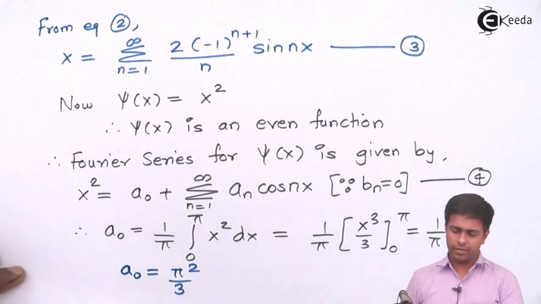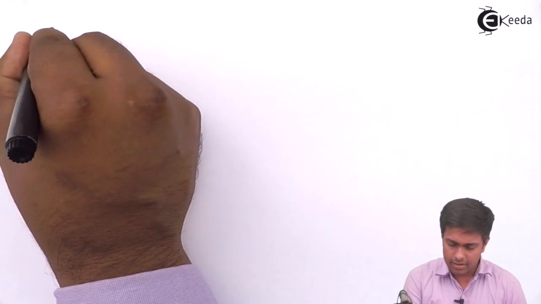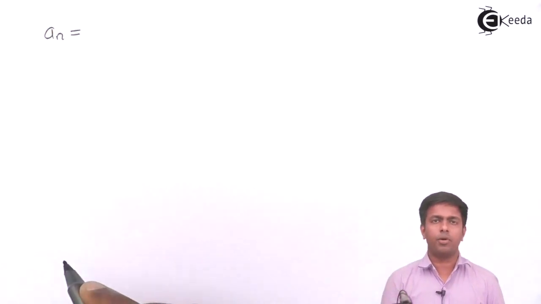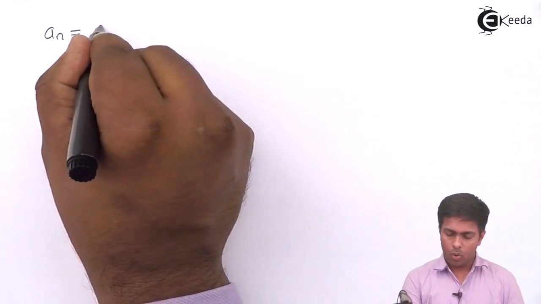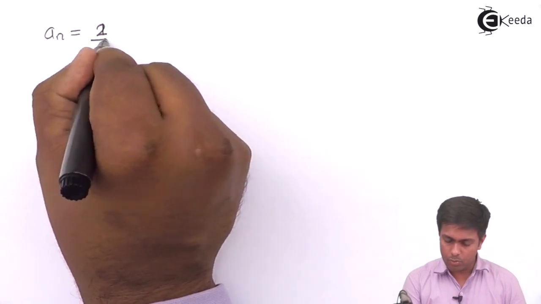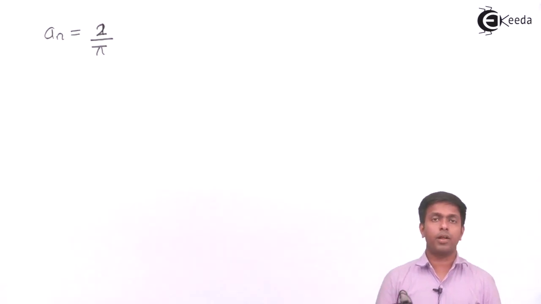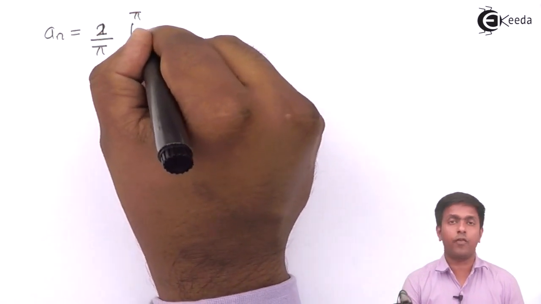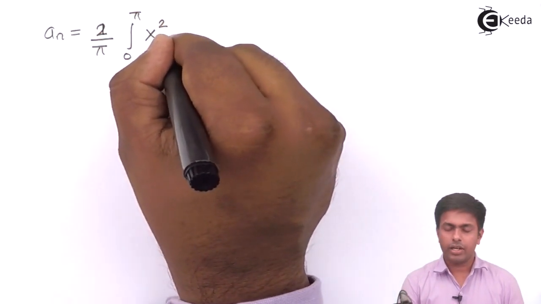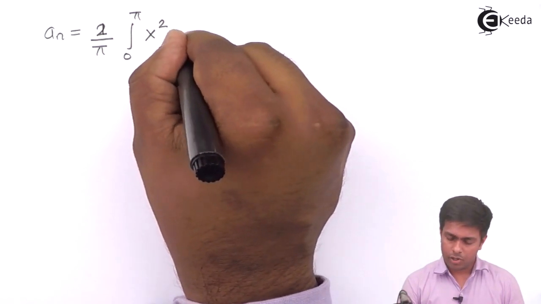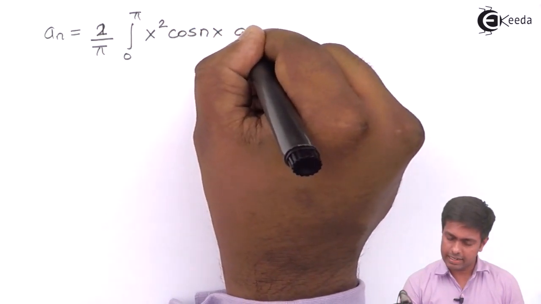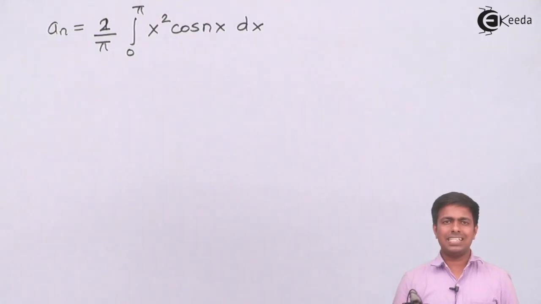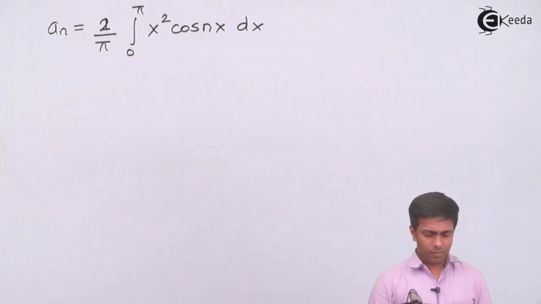Now let's find an. So an is given by the formula 2 by pi. So this is the formula, integration from 0 to pi f of x, which is x square, into cos of nx dx. So guys, let's evaluate this integration.